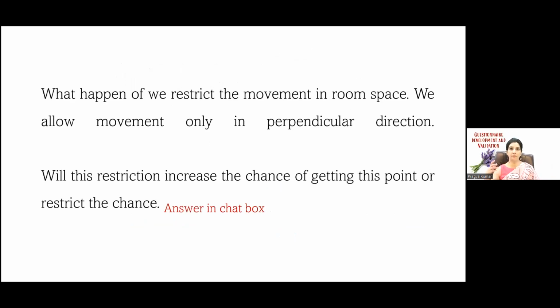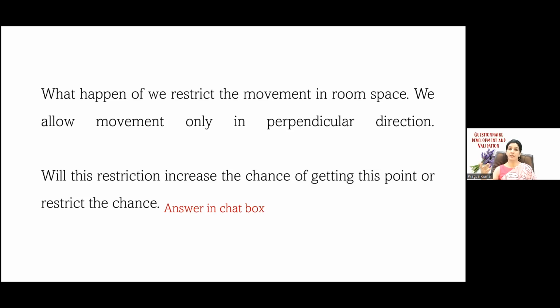So what will happen if we restrict the movement in the room space? If we allow movement only in a perpendicular direction, like if I say you can only move along the walls, will this restriction increase the chance of getting this point or restrict the chance?